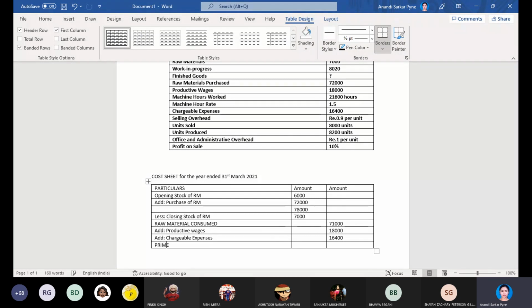So what you get is prime cost: 71,000 plus 18,000 plus 16,400, which is 1,05,400. Our prime cost. Bhavya, is that 1,05,400?